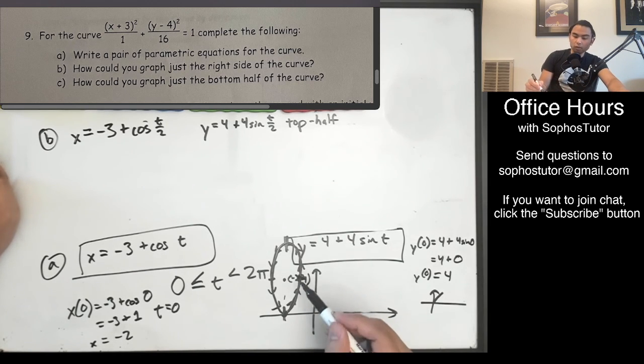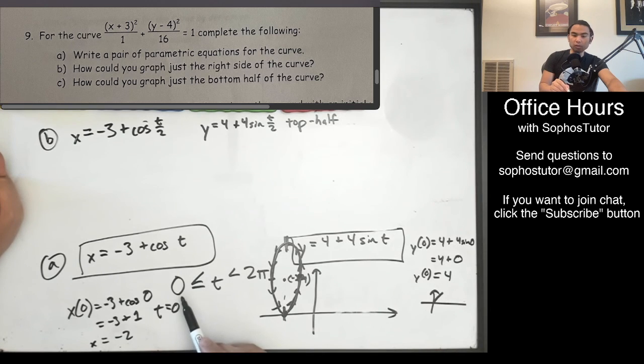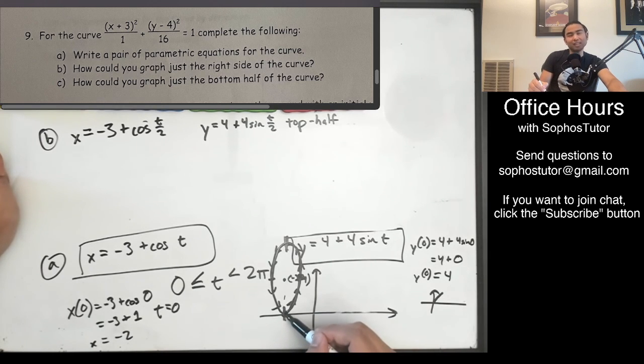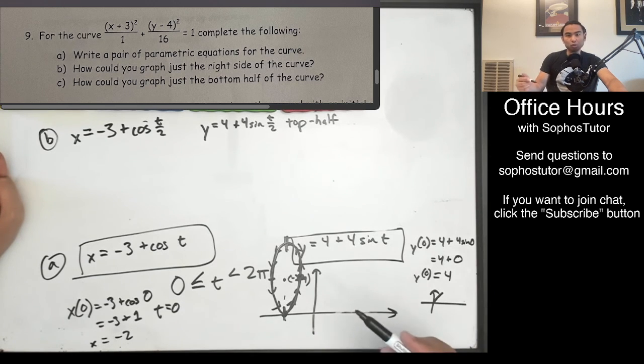Well, we can take away some of the radians here, because if the radians at 0 typically start here, when we set t equals 0, we actually want to move those radians back. Well, how far are we going to move that back? We're moving it back a quarter of the cycle, right? And how much is a quarter of a cycle in terms of 2 pi? Well, that quarter of a cycle is pi over 2, or 1/4 of 2 pi.